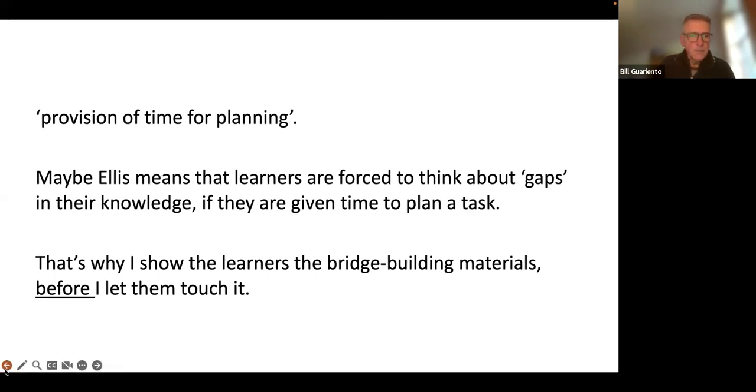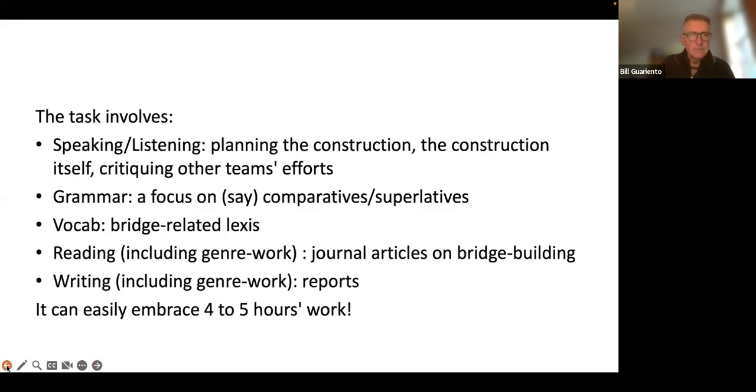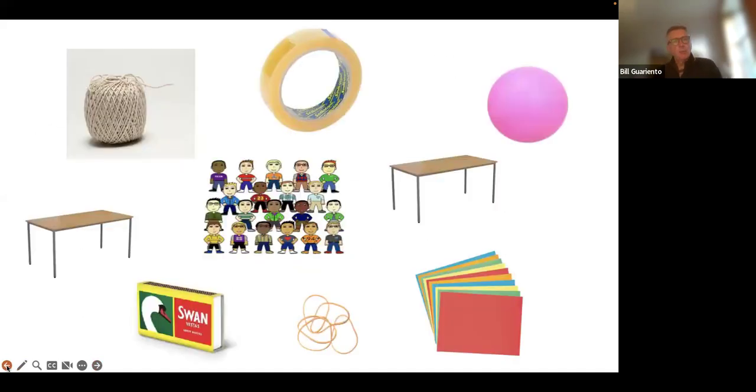So often, if we go back to the string and the tape and the ping pong ball and the paper and the elastic bands and the matches and the table, one thing a teacher could do is give the students the materials and say, build a bridge.